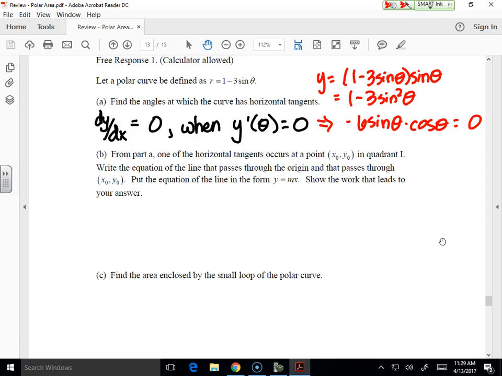It should be all the zeros of sine and cosine, right? Except, what do we have to be careful of? Why maybe should we have not just looked at y prime? Make sure it's not undefined. Perhaps. Wait, no, that would only be the bottom. Wait, oh yeah. Shouldn't there be a sine minus 3 sine squared?